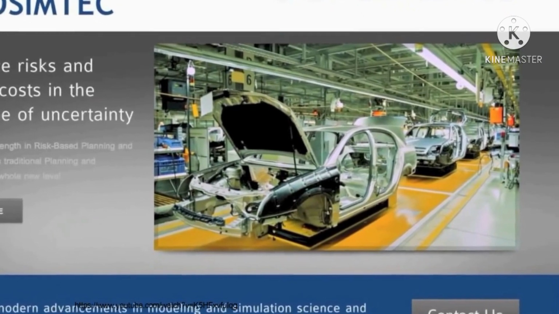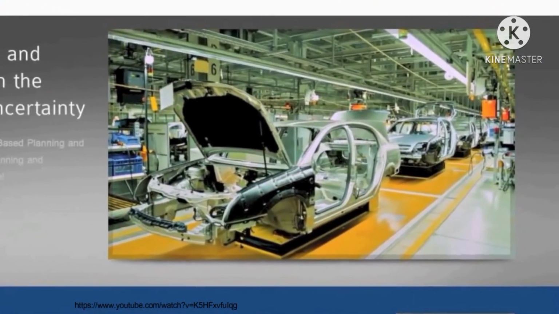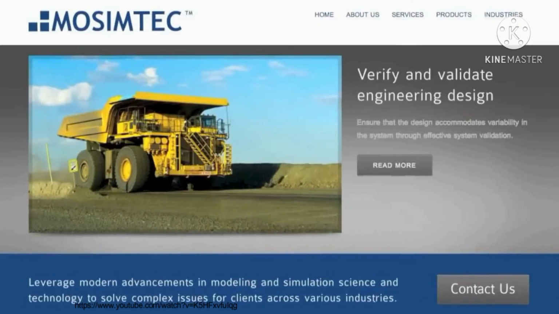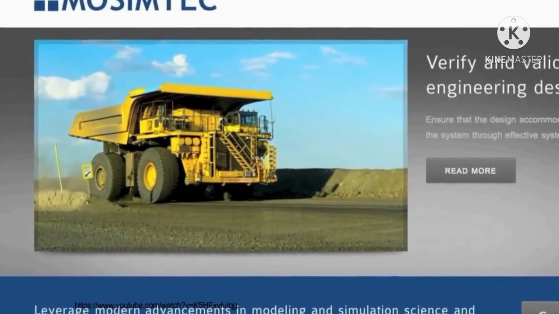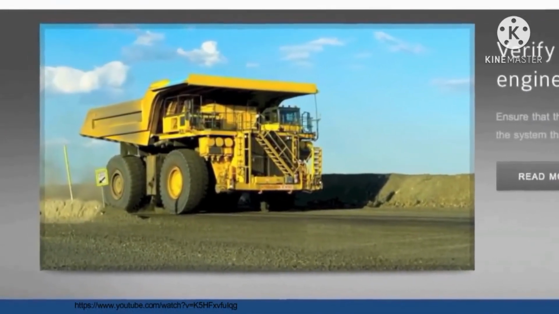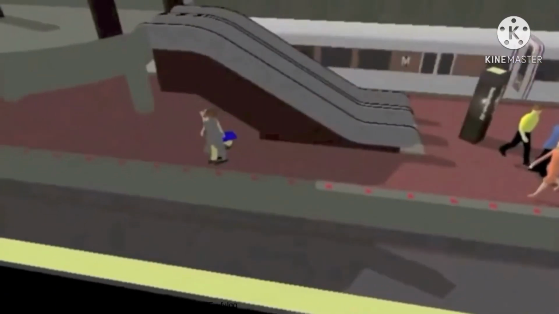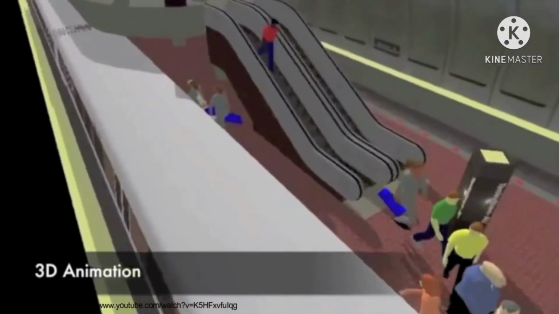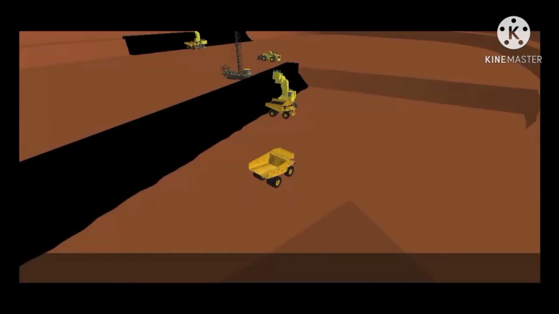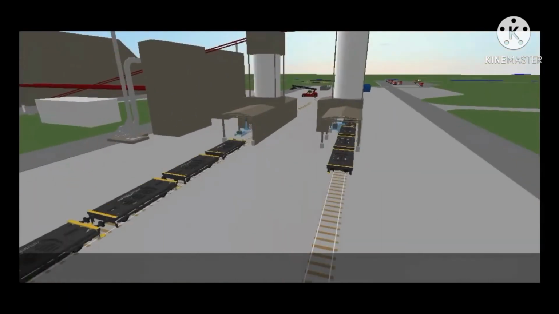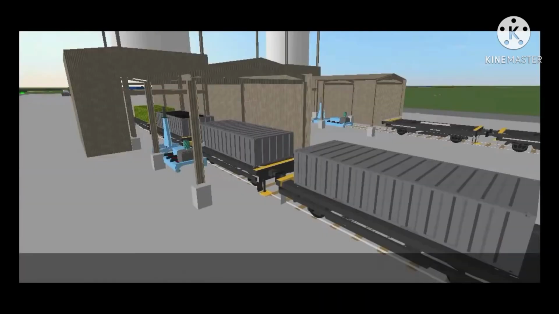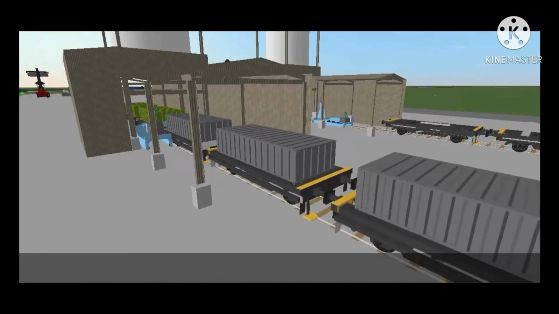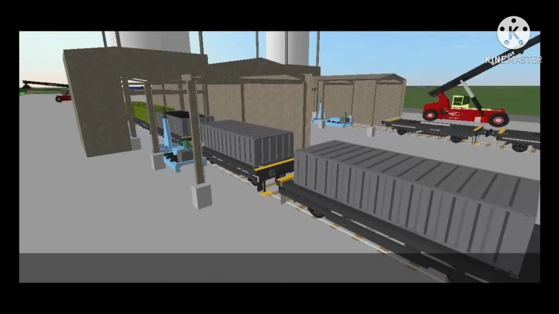Here at MoSimTech, we're in the business of leveraging modern advancements in modeling and simulation science and technology to solve complex issues for clients across various industries. Simulation, when used for planning or assessment, can help with predicting behavior of your people, process, and systems, improving efficiency of your operations, validating your business plan, winning credibility for your proposal by visually communicating to a wide range of stakeholders.